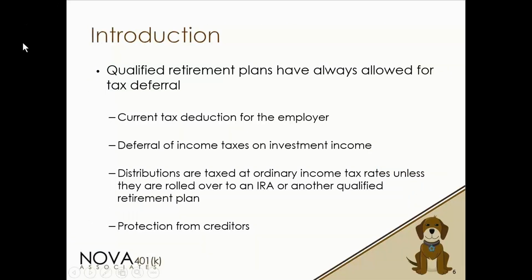All right, so introduction. Qualified retirement plans have always allowed for tax deferral. It provides a current tax deduction for the employer, deferral of income taxes on investment income, and then distributions are taxed at ordinary income tax rates unless they're rolled over into an IRA or another qualified retirement plan.